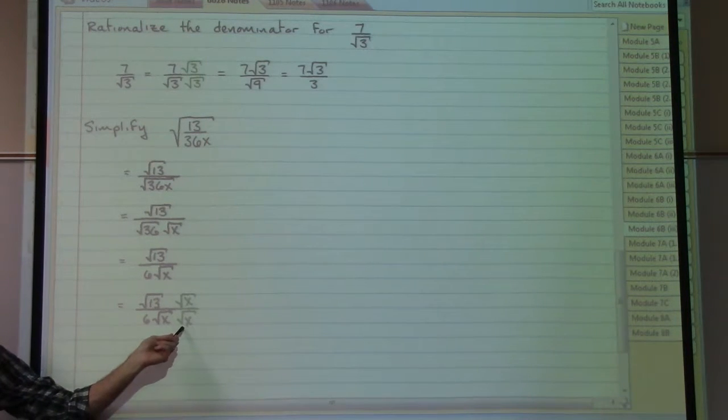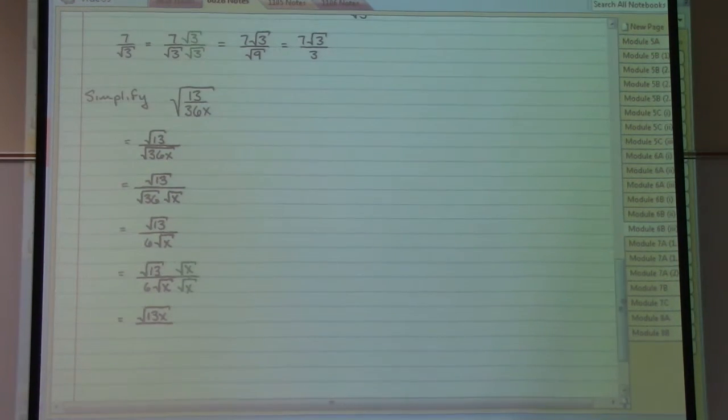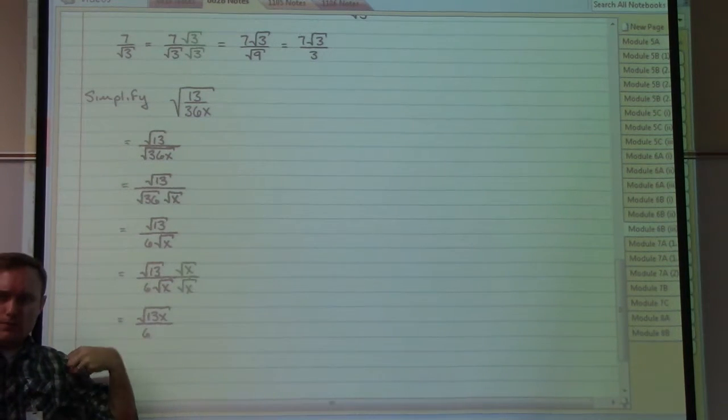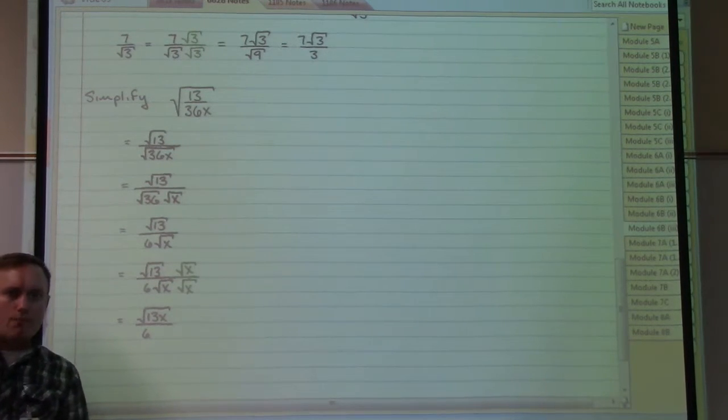And if I do that to the bottom, I have to do the same thing up on the top, meaning that we would have our numerator square root of 13x. And because we have designed our denominator, we know what it's supposed to turn out to be. The 6 that's already nice and normal and there to begin with, and the square root stuff that's supposed to combine together and not have a square root anymore.